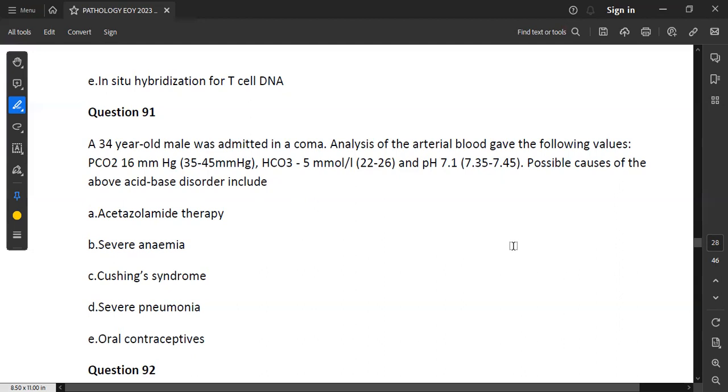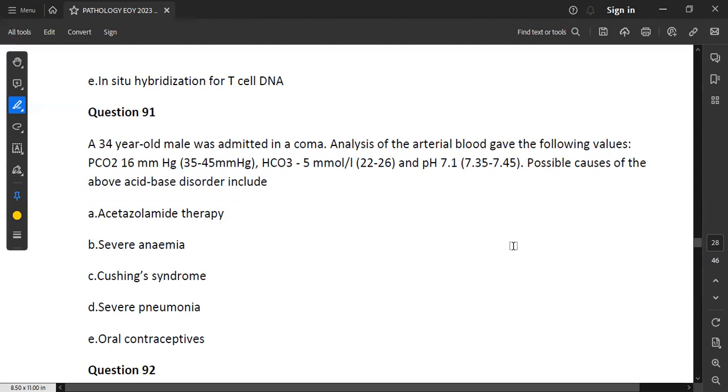We say metabolic acidosis because when the pH is lower than 7.35, that is acidic. We say metabolic because the bicarbonate is so low, and the low PCO2 is due to compensation for this metabolic acidosis.